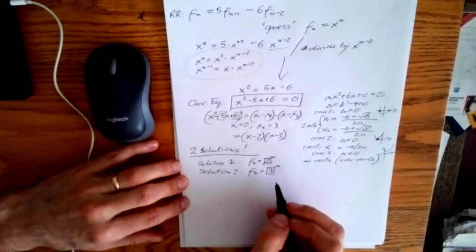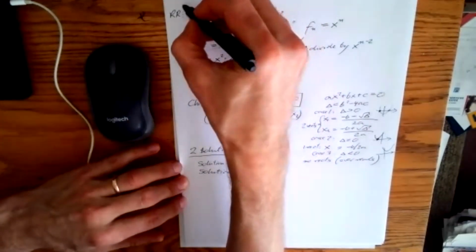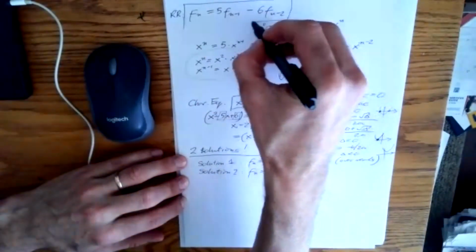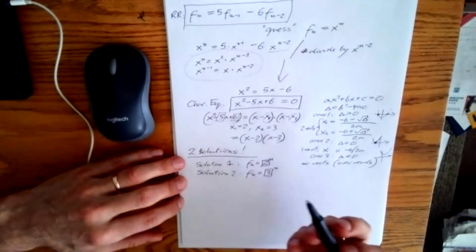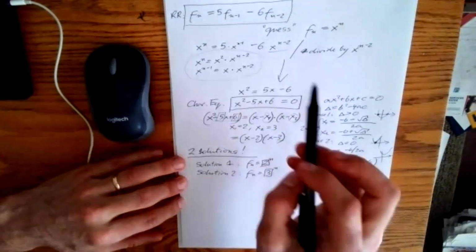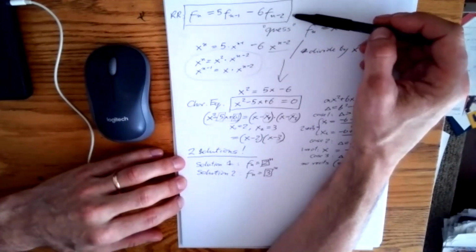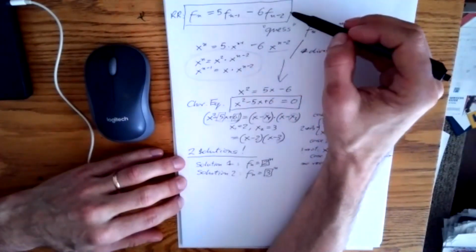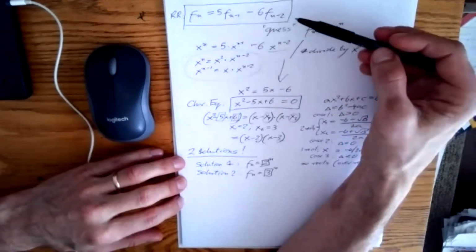And isn't that odd? How can the same recurrence relation, the one that we started with, have two different solutions? If this represents a running time of some algorithm, although it's kind of odd because you would not typically have minus running time, but hey, who knows?